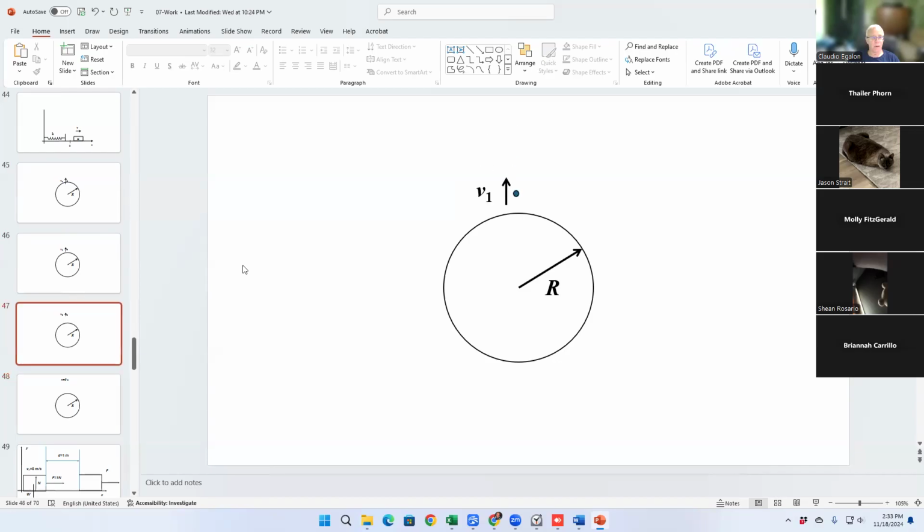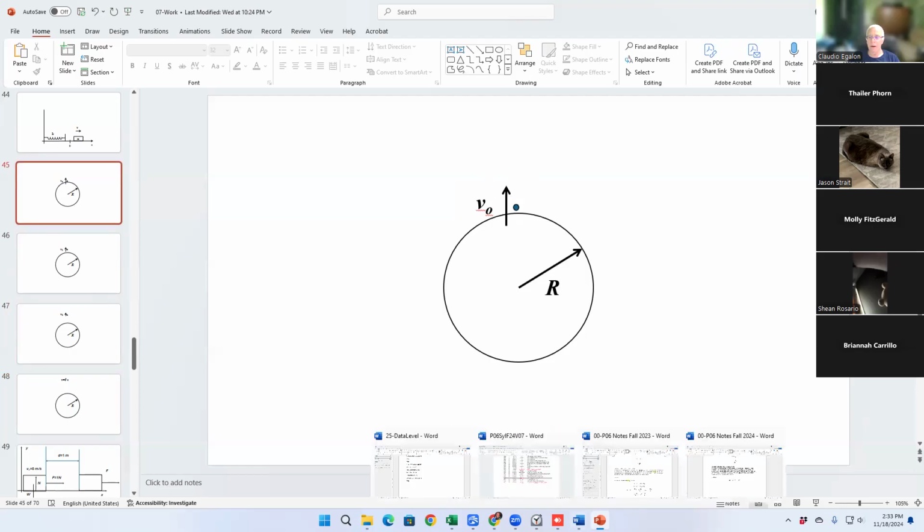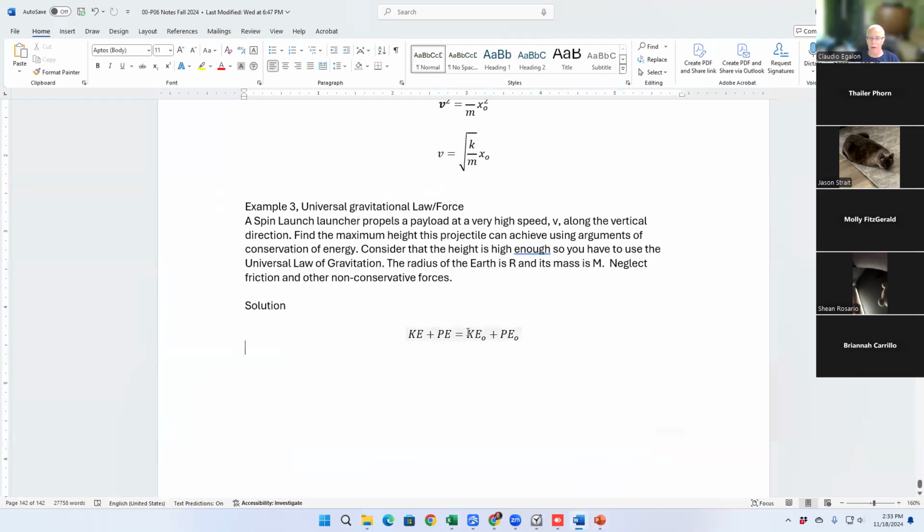Right? So we go ahead. That's going to be my initial kinetic energy plus initial potential energy. So initial, let's work this one here. Initial kinetic energy is going to be half m v naught squared. Initial potential energy, now we have to use that equation that I explained to you, right?